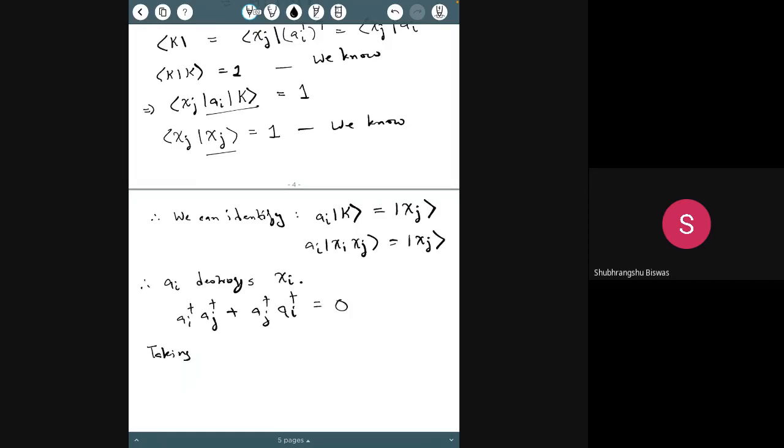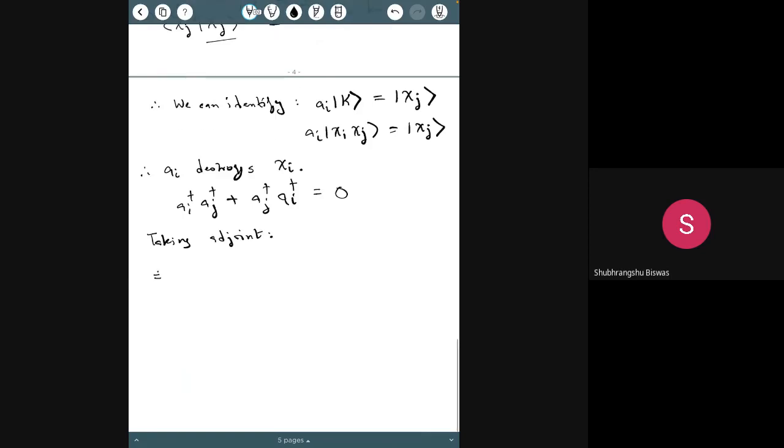Taking the adjoint of the whole equation, we get a_j a_i plus a_i a_j equal to 0. Remember, (AB) dagger is equal to B dagger A dagger. The order is reversed. Okay, so this is what we had done last class very quickly.